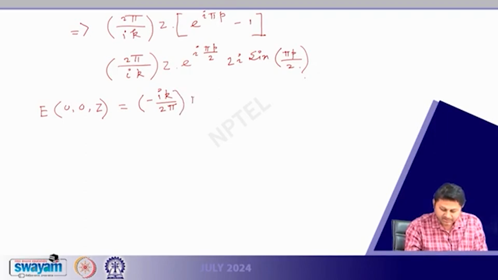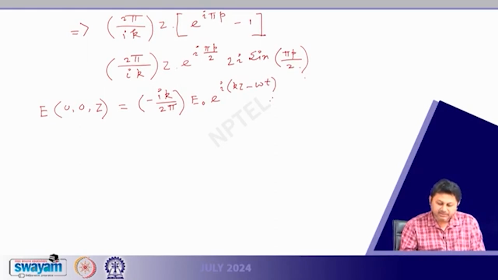Then we had E naught e to the power of i k z minus omega t, the propagating wave, and then finally the integral due to this area.